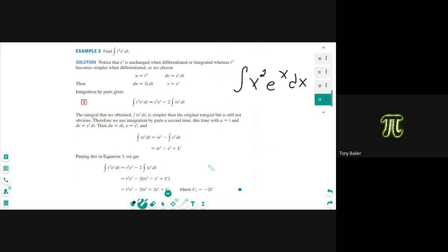What we end up getting at the very end, the original function for this one, is x squared e to the x minus 2x e to the x plus 2 e to the x. Okay.